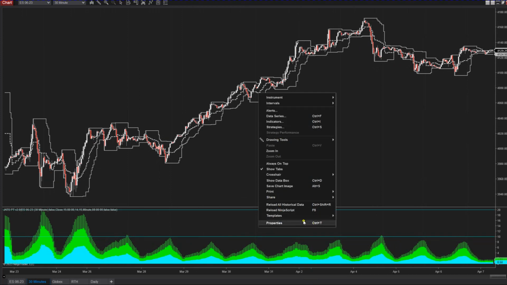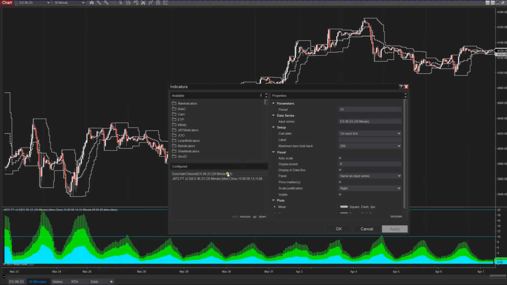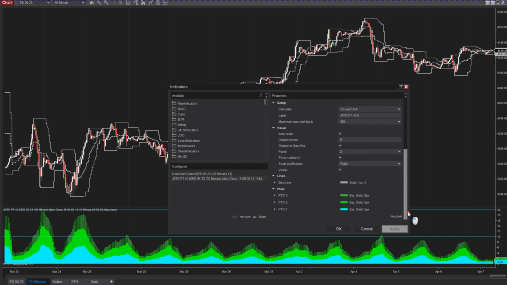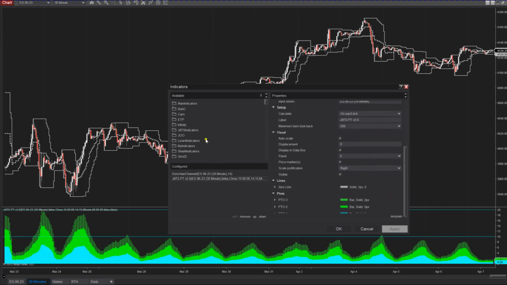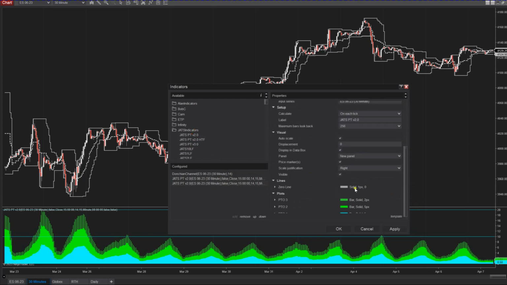If we look at the properties for this indicator, you'll see that you're able to make some selections or leave it blank. When you put it on your chart, it defaults to this setting, and I'm going to remove the second instance.